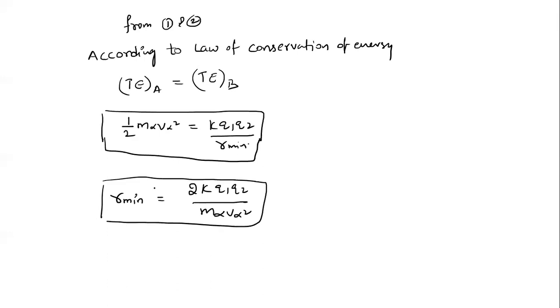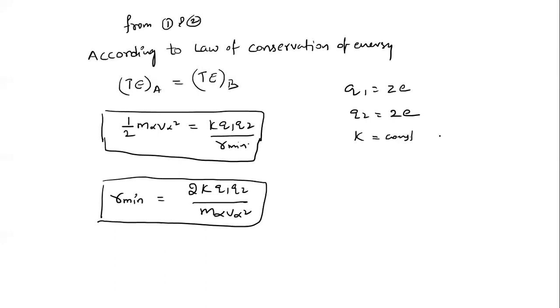In this formula, Q1 is the charge on the nucleus, where Z is the atomic number of the nucleus. Q2 is the charge on the alpha particle, which is known, equal to 2e. And K is a constant.